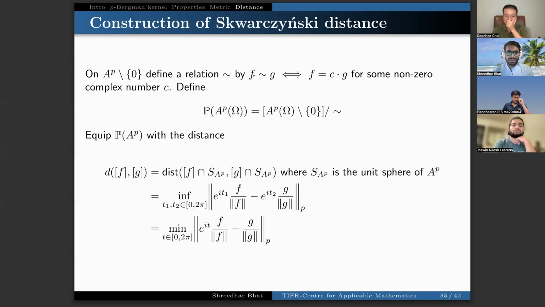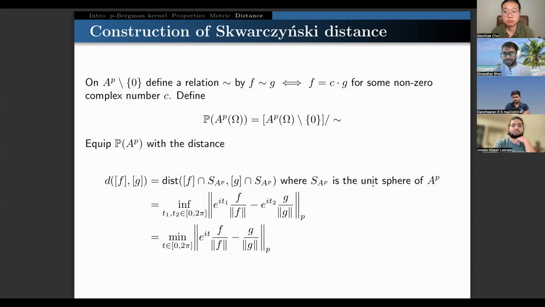What you do is you define a relation on A^p except zero, so basically you're projectivizing your A^p space and looking at the unit sphere.